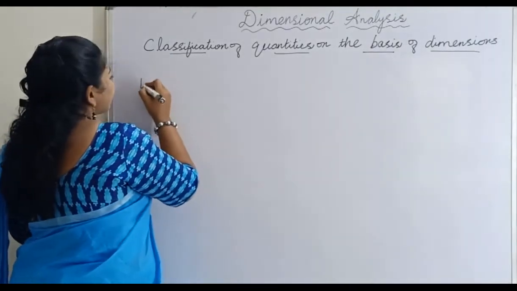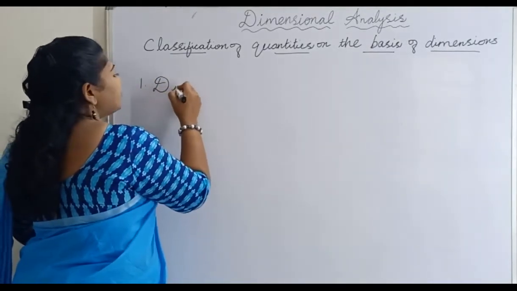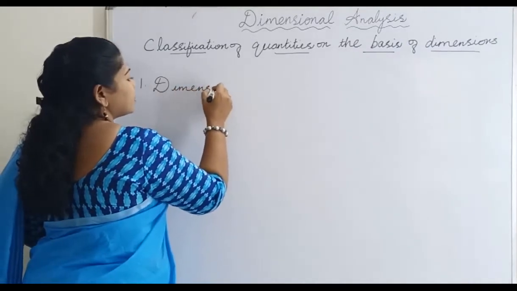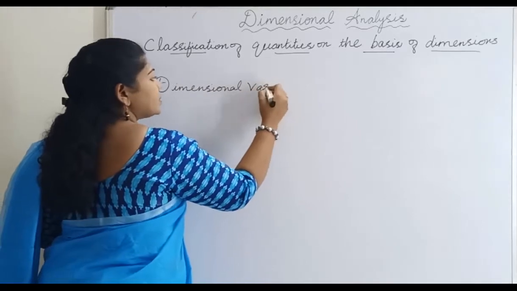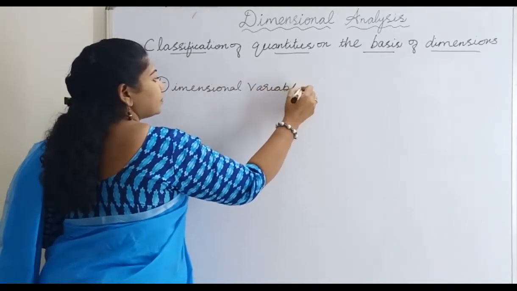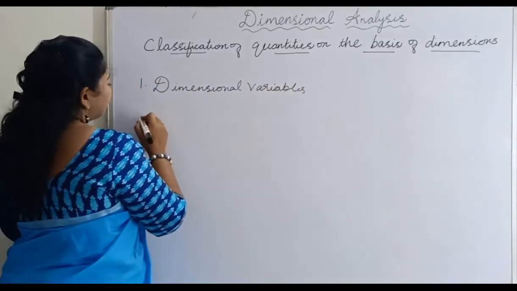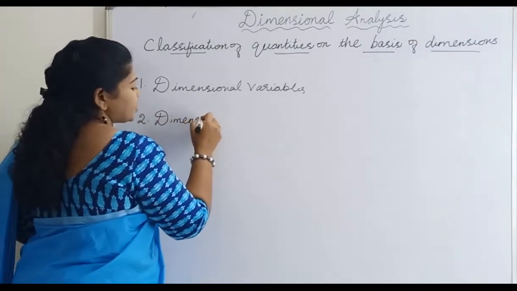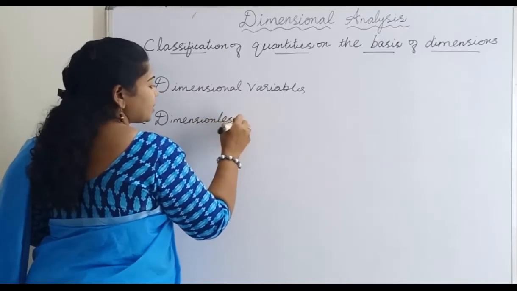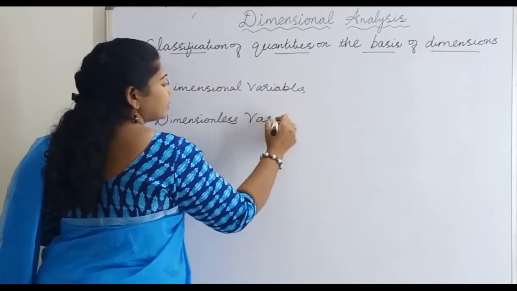The first one is dimensional variables. The second one is dimensionless variables.